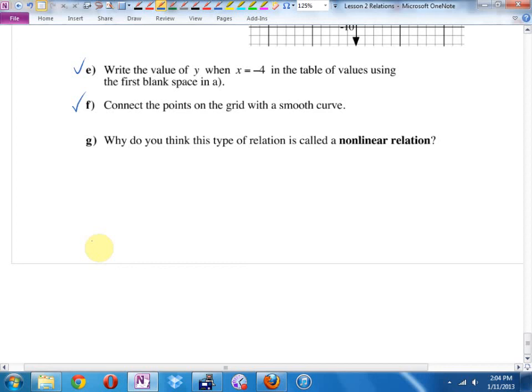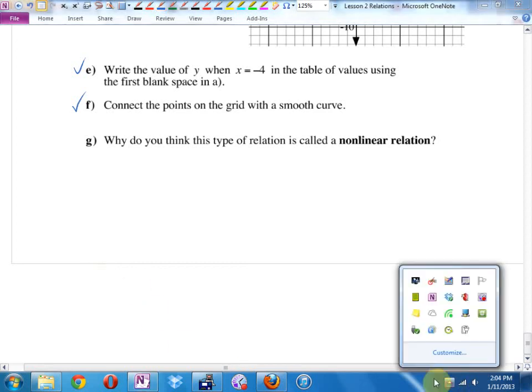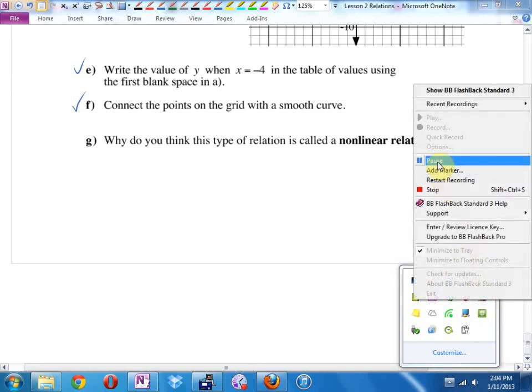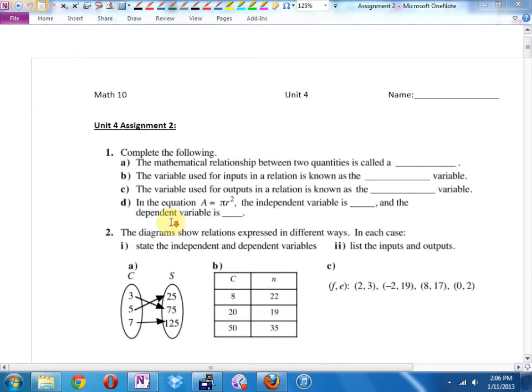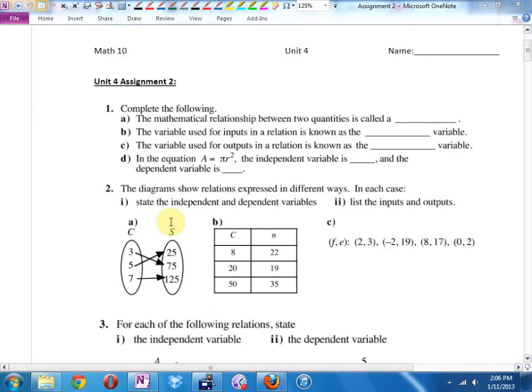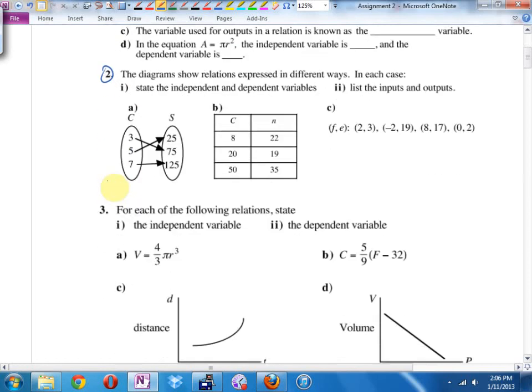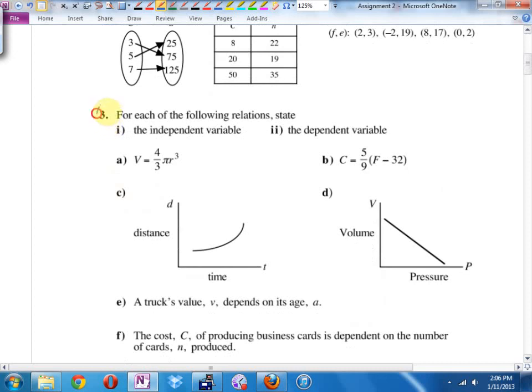Is that it? What's your homework? So what's your homework? Take a look at assignment 2. I think you can try number 1. I think you can do number 2. Think you can do number 3.